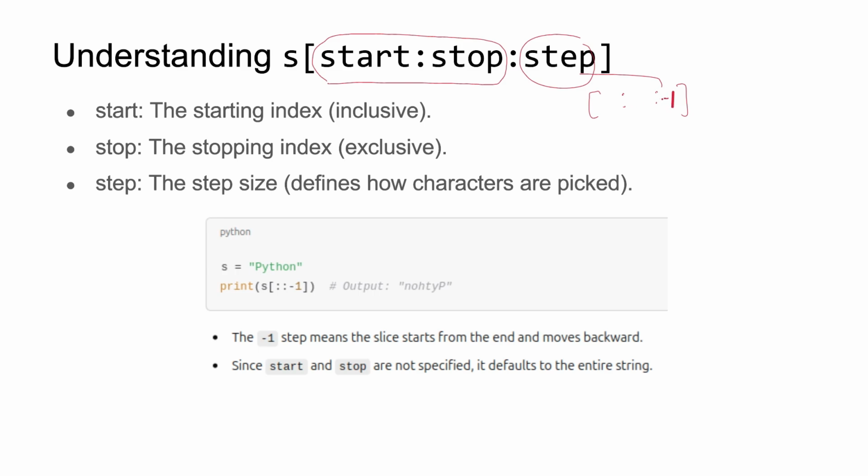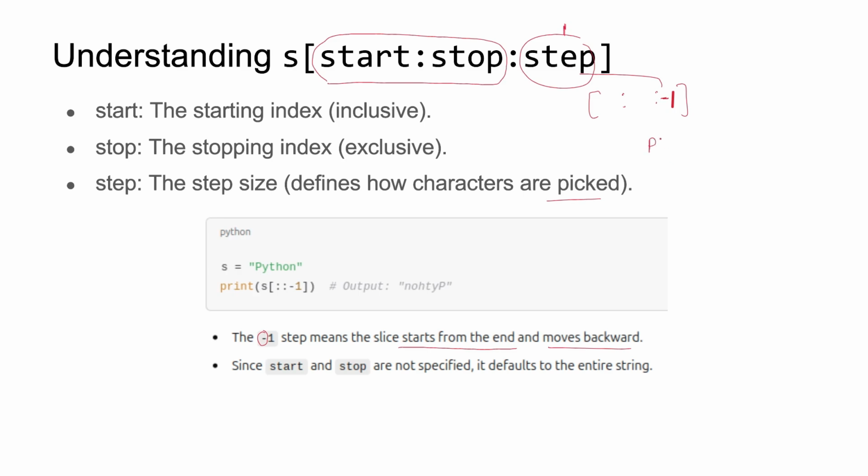It means your step should be in the reverse direction, right? Your step is the step size, which defines how characters are picked. So -1 means the slice starts from the end. Minus means start from the end and move backward. By default the step is 1, and if your step is -1, it will work like this.